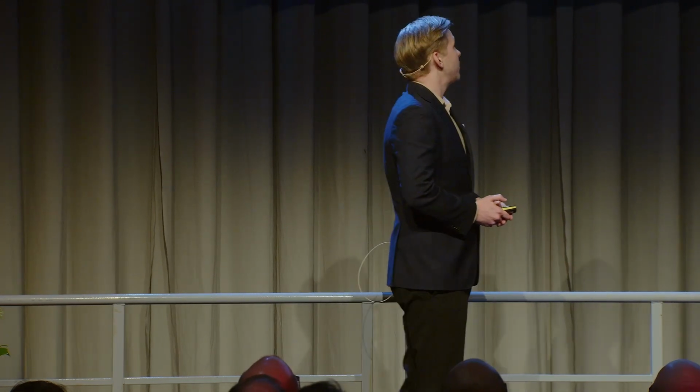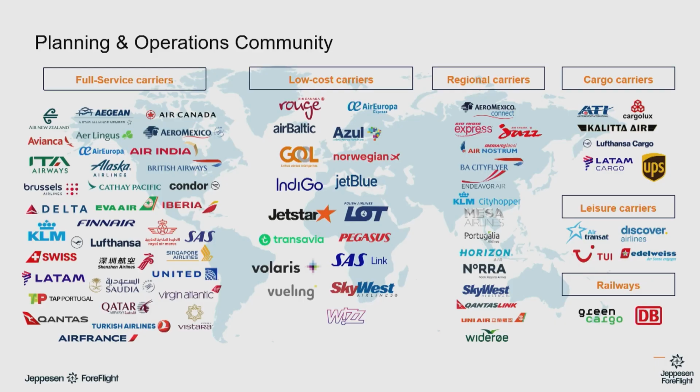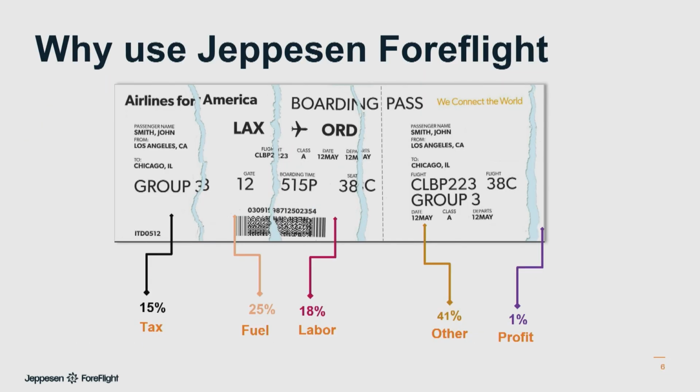These are some of the airlines that we are working with. If you have a look, I'm sure you recognize some of them, maybe even flown with a few. And why we exist and how the airlines are spending their money is roughly outlined here. So we have taxes. This composes around 15%. Not much we can do about this. We have fuel and labor. Combined, this is the largest expense of every airline.